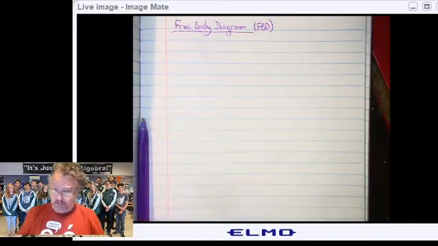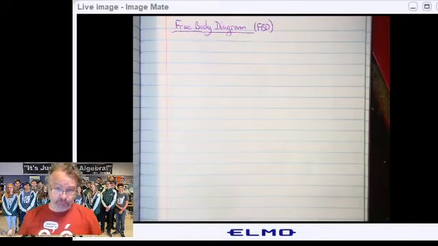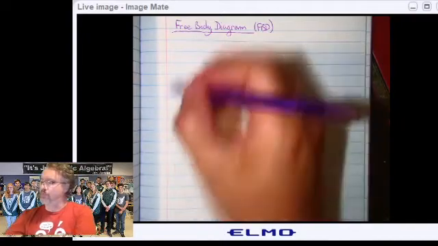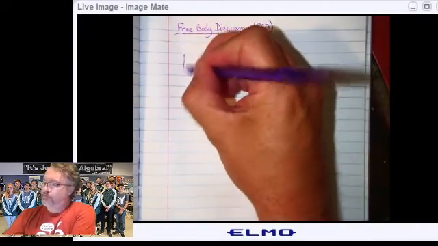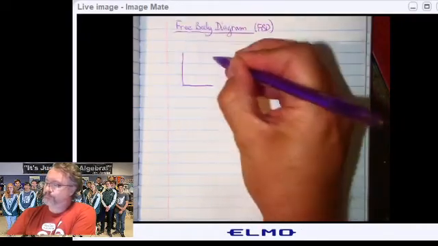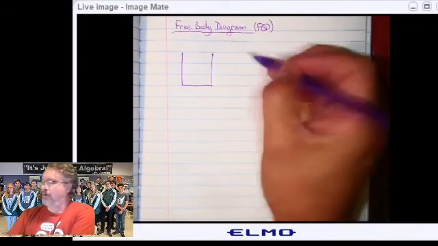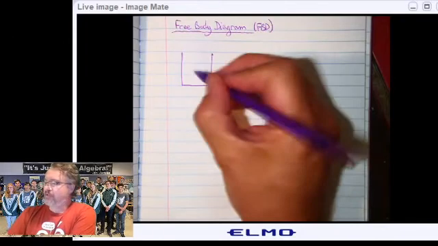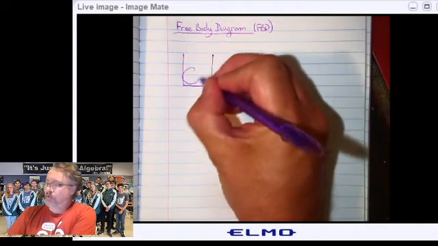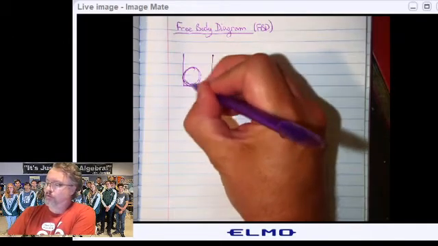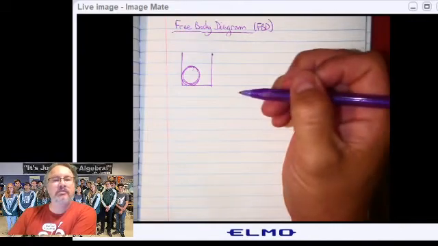Let me start by showing you a little example of a free body diagram. Imagine we have a box, side view of a box right here, and we place the ball inside that box, and the ball rests in that corner right here.